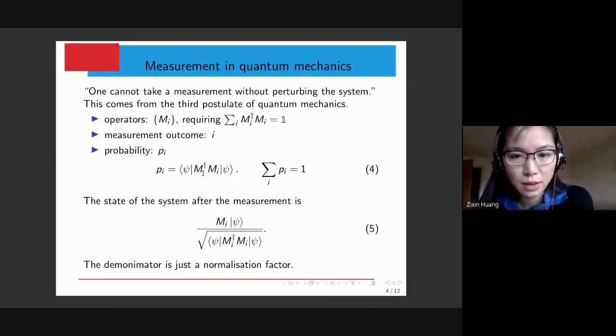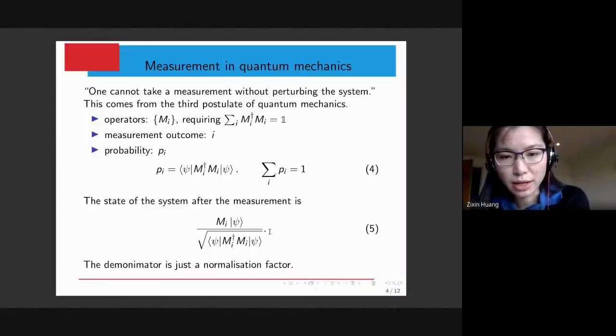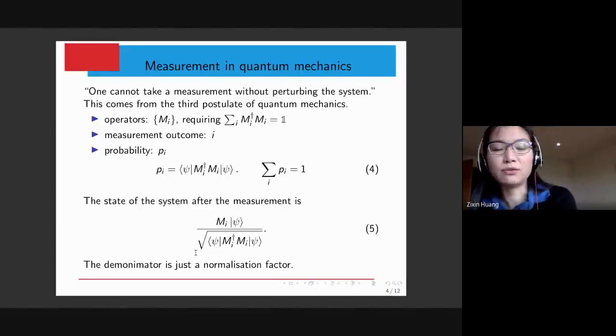And had you obtained outcome i, then the state of the system after the measurement is given by this expression over here. So you have a measurement operator acting on the quantum state, and the denominator is just a normalization factor.